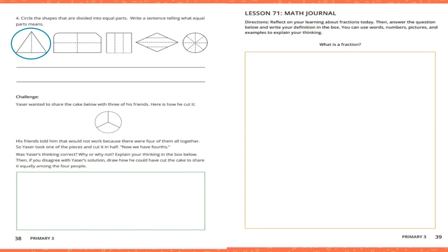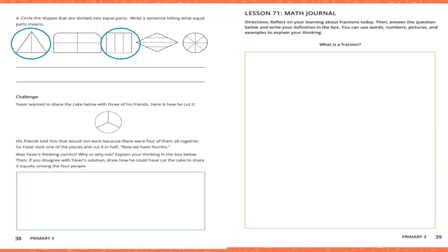This shape has 3 parts. Are they equal? Yes, so I will circle it. This shape divided into equal parts? No, focus here. This part is not like this, is not like this. So I will not circle this shape.